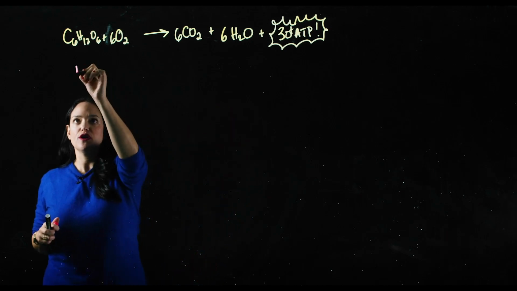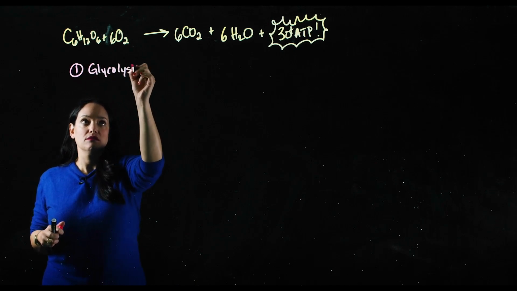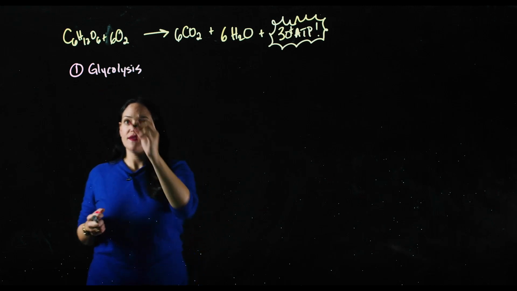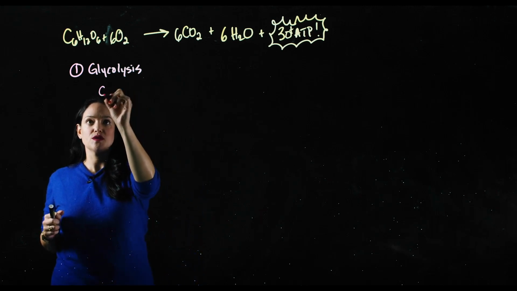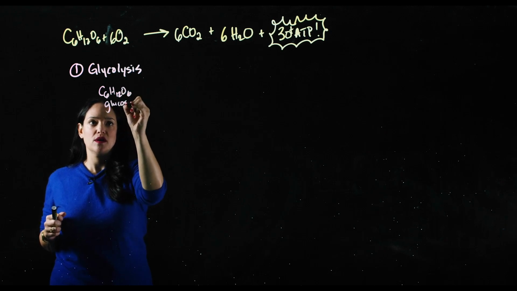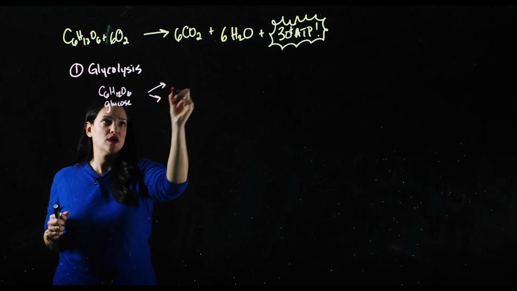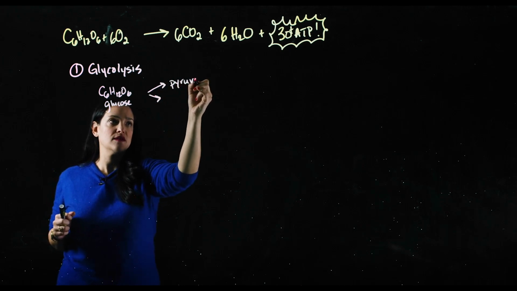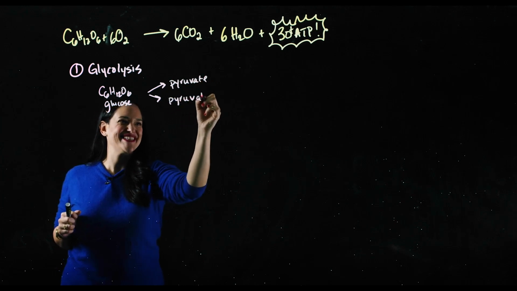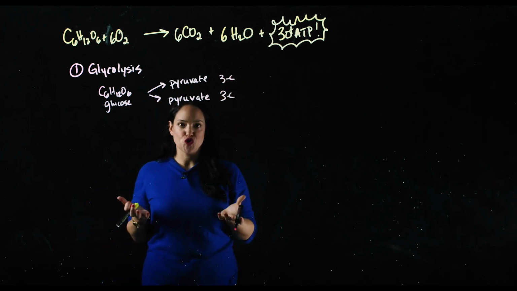And I'll start with our first step, which is something called glycolysis, which technically means the breakdown, the lysis of glucose. And in this step, I take glucose, C6H12O6, I'll just write glucose here, and I break it down into 2 molecules of pyruvate, which is a 3-carbon structure.